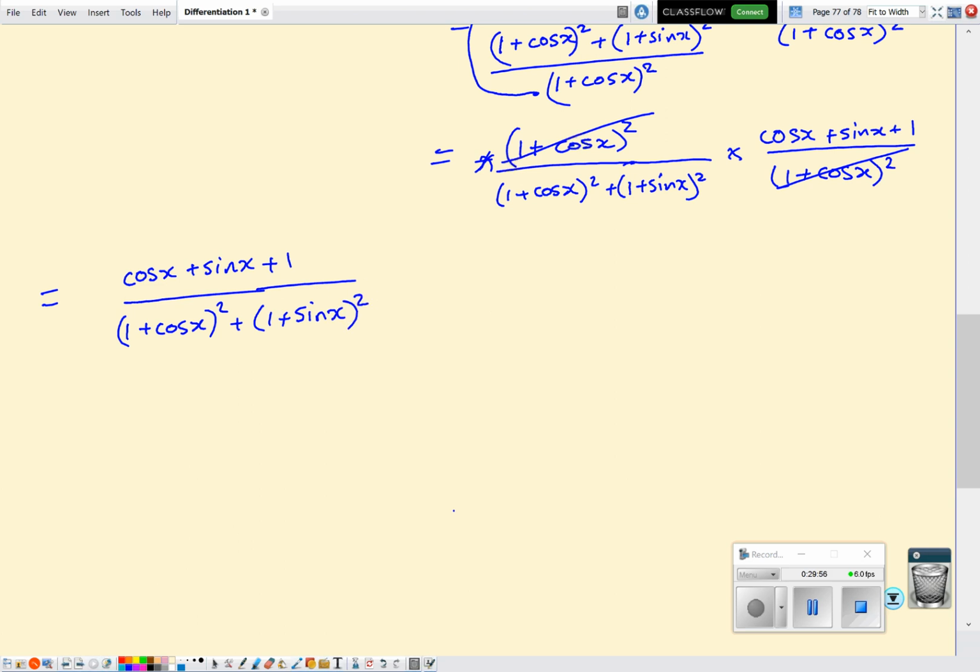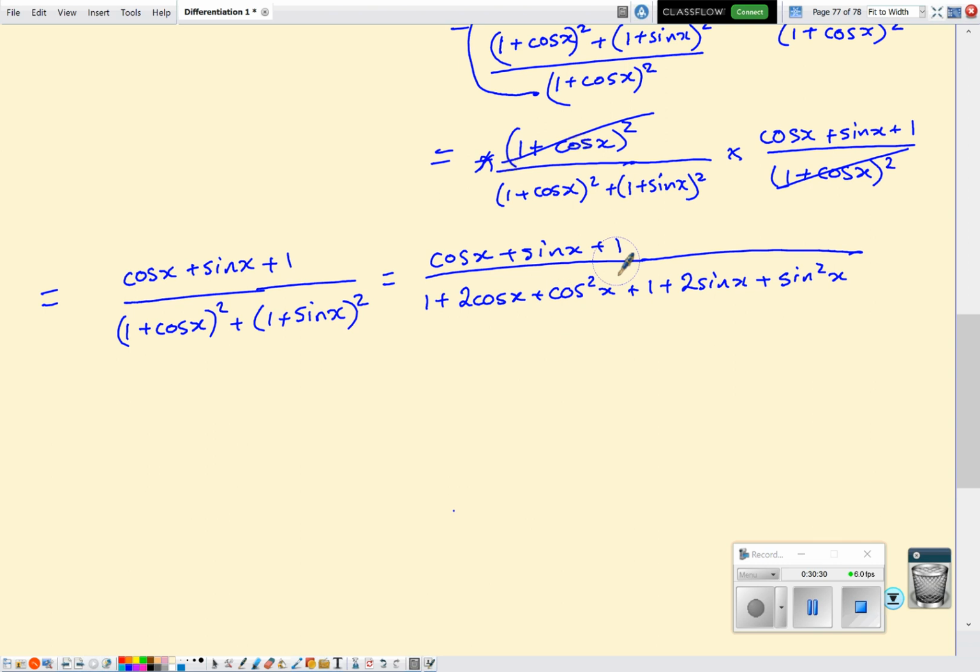Now, still not entirely happy with that because those square brackets on the denominator should get multiplied out and tidied up. So cos x plus sin x plus 1 all over, right, let's square these out. So 1 plus 2 cos x plus cos squared x plus 1 plus 2 sin x plus sine squared x.